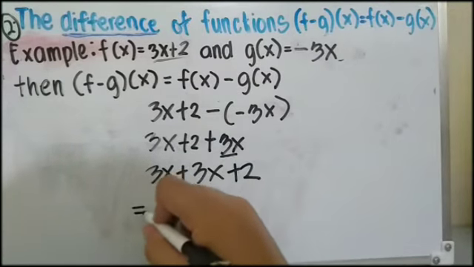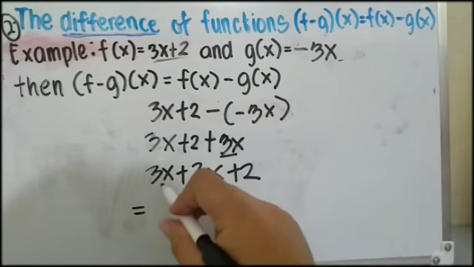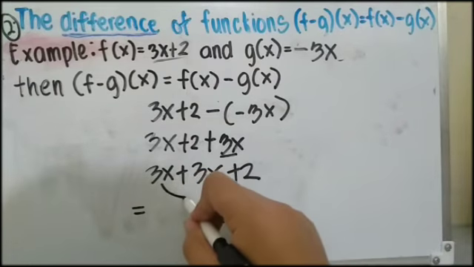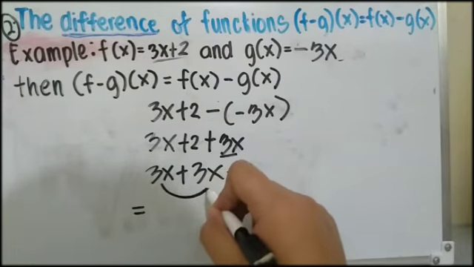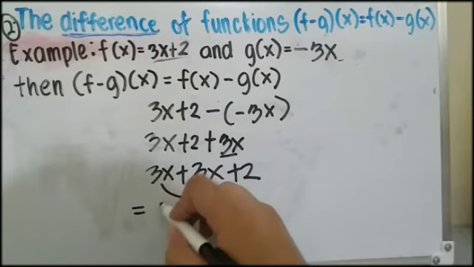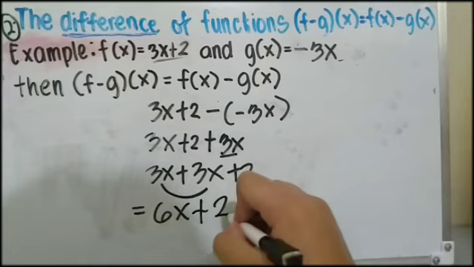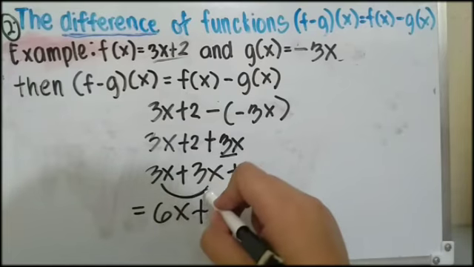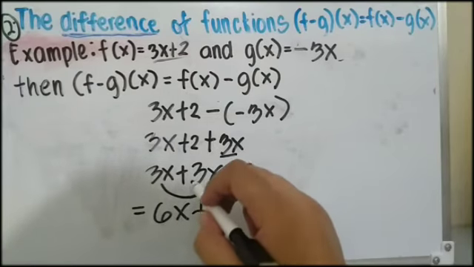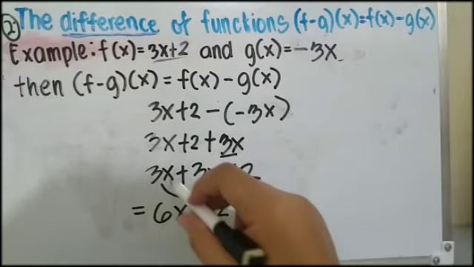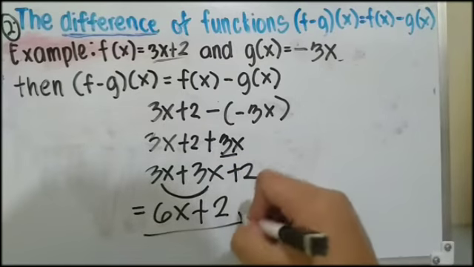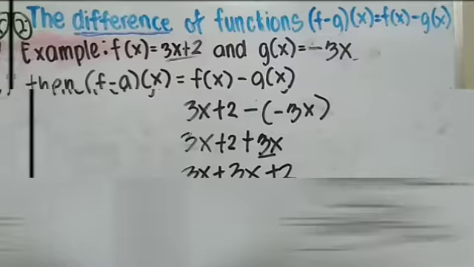So all you need to do is just simplify the numbers with the same variable. So 3x plus 3x equals 6x plus 2. You just add the numbers with the same variable. So 6x plus 2. That's all, that's just how you do it.